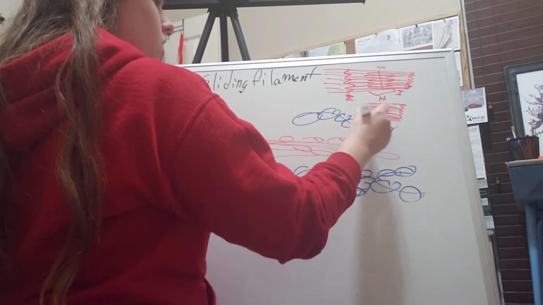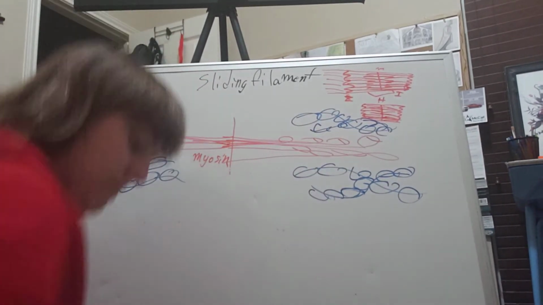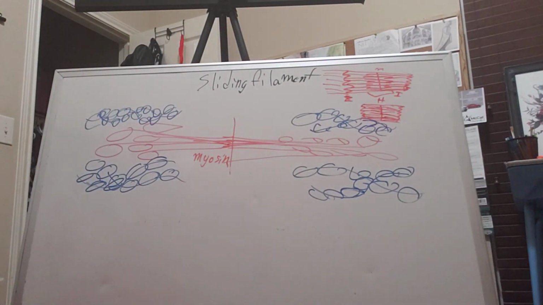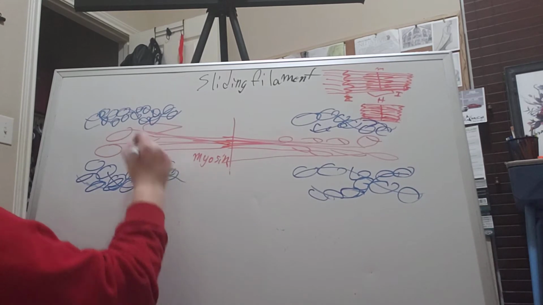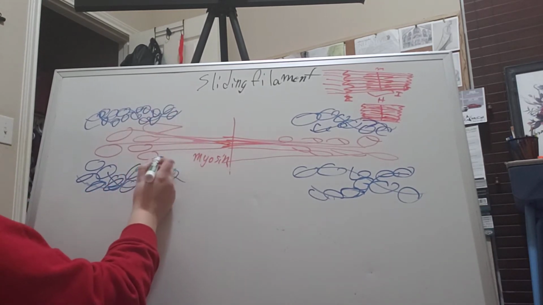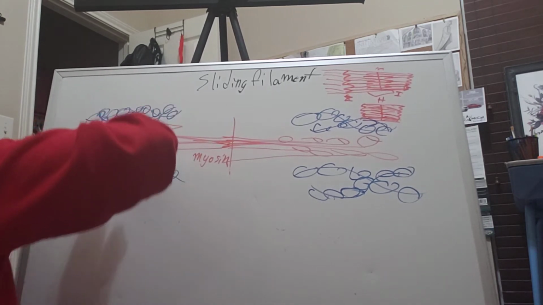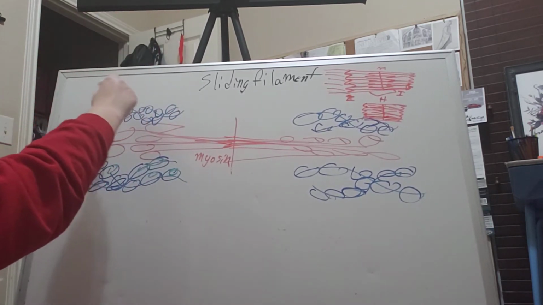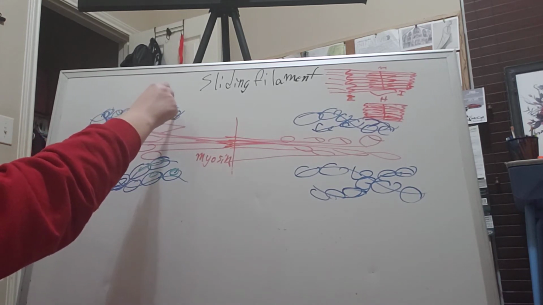This thing is called troponin and tropomyosin, and it's bound onto the actin, and it blocks the myosin. So the myosin really wants to touch and get to know the actin, but it can't because of the troponin and the tropomyosin.